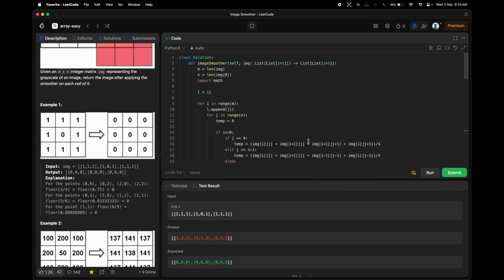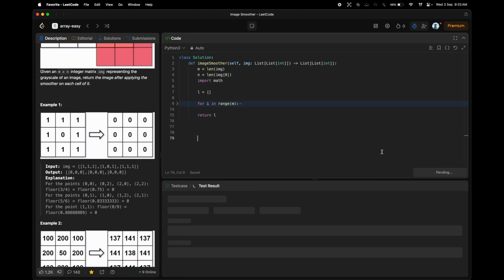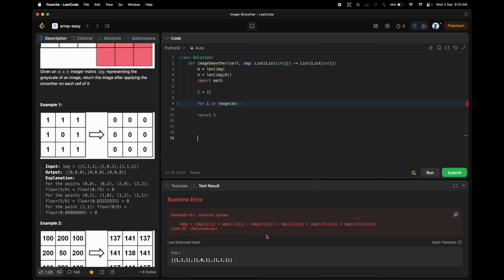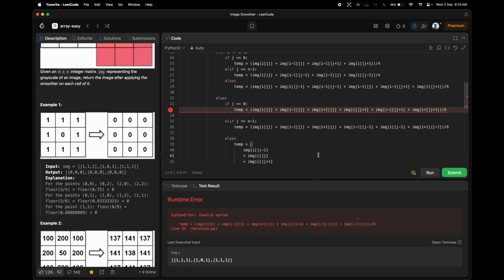Let's see what a long syntax error where. Syntax, invalid syntax, is it not aligned properly?